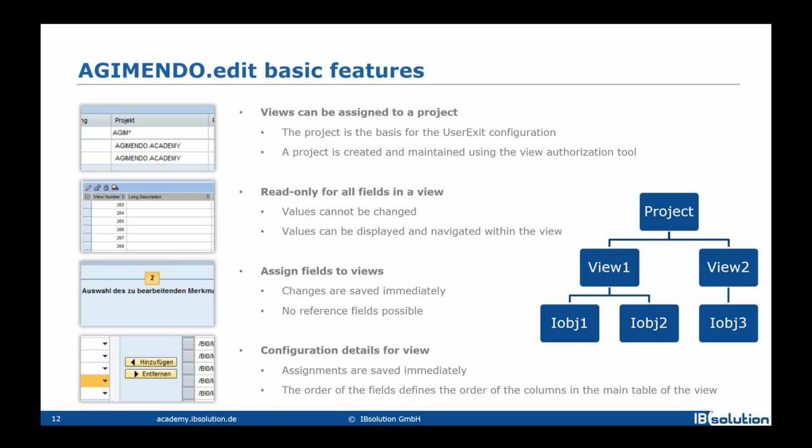For a project, you may assign a class of UserExits that are going to customize your views. There is a possibility to set your views as read-only, and you may also choose to assign only specific fields or attributes of your info object in your views.